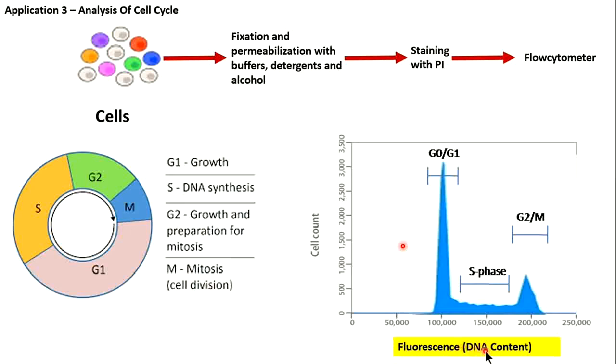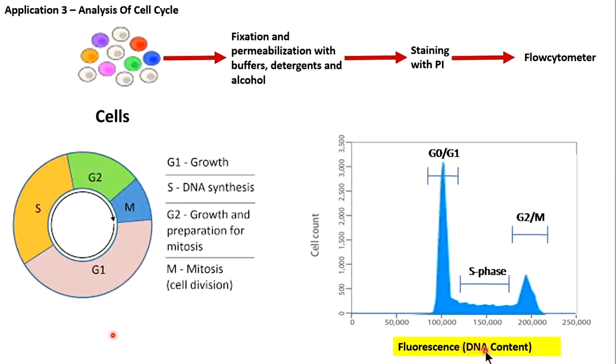And I am asking you, please measure that out of these cells, how many cells are present in the G1 phase of the cell cycle? How many cells are present in the S phase? And how many cells are present in the G2M phase?